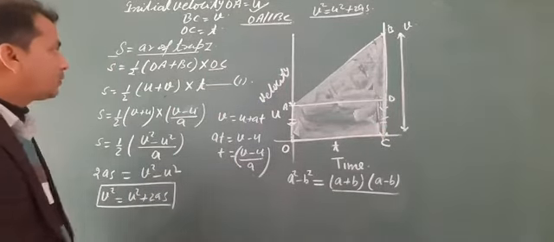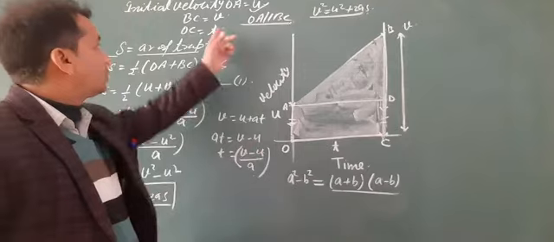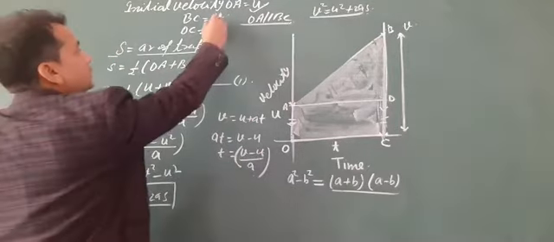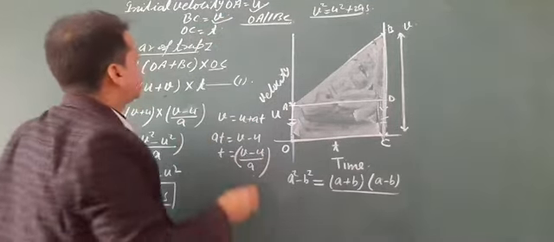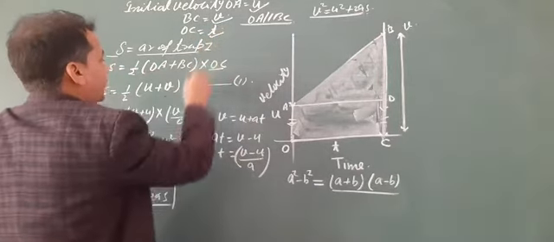So here is the OC. Then put the value of OA as U, BC as V, and OC equal to time.